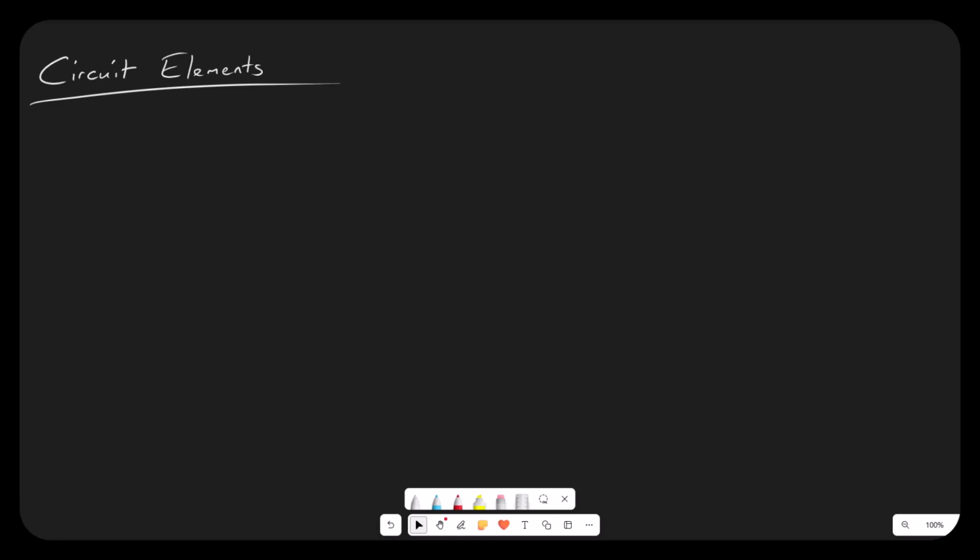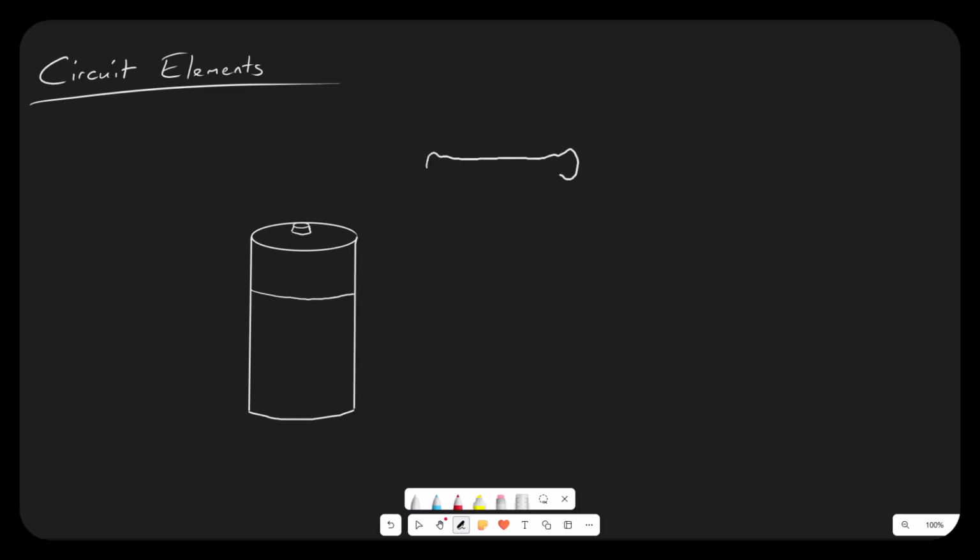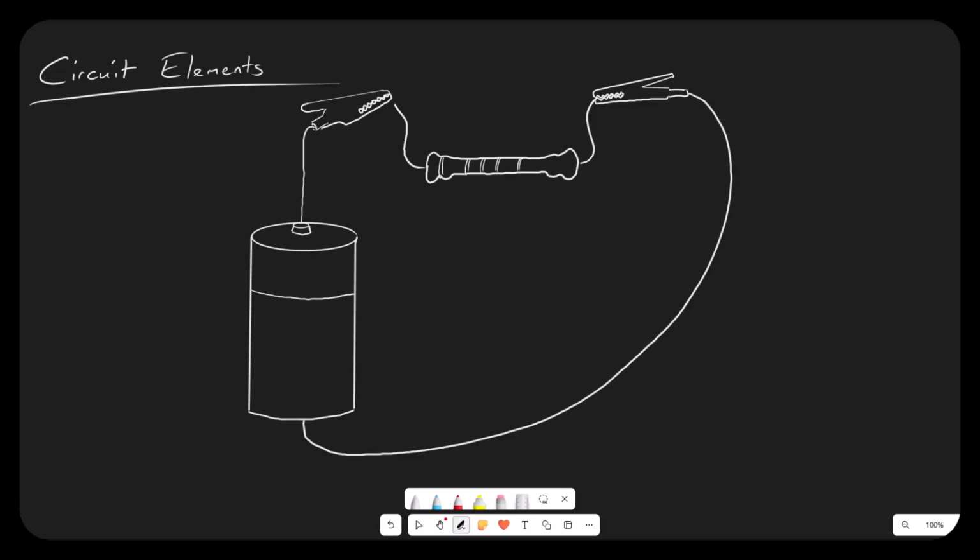Now, if I have a basic circuit even, where I've got a battery and I've got a resistor and I've got a wire connecting those, I might draw that and it could look something like this. So this is a basic circuit.